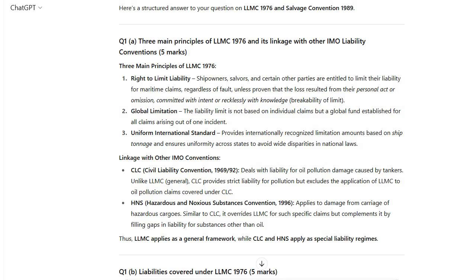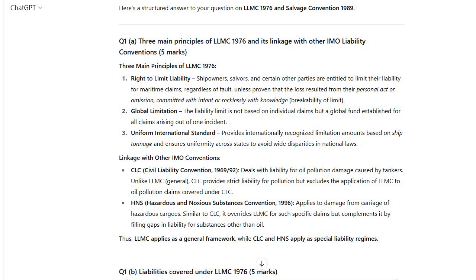So this provides internationally recognized limitation amounts based on ship's tonnage. So based on ship's tonnage, for example, a 500 gross tonnage ship is estimated to result in X amount of pollution. Now, go to the VLCCs, like a 3 lakh tonnage vessel is going to cause Y amount of pollution.